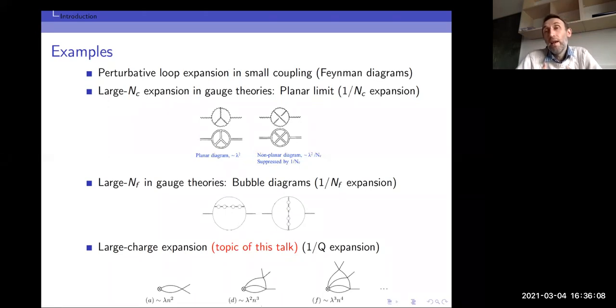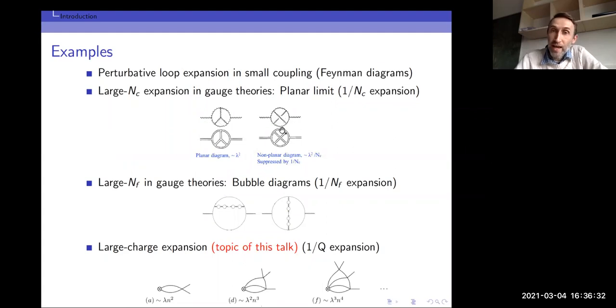And you can show that at the leading order, you have the so-called planar limit, which is to say that only planar Feynman diagrams survive. And planar diagrams are the diagrams shown here. You see, they can be drawn on the plane, and they intersect only at the endpoints of the edges.